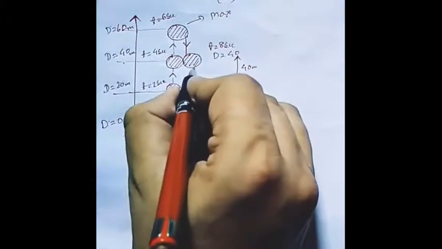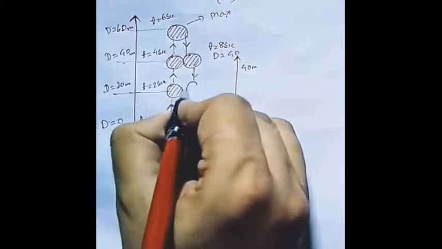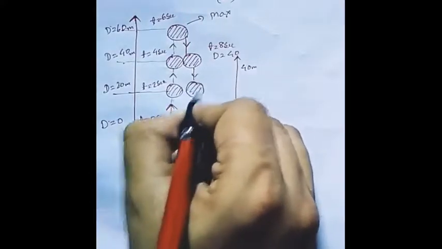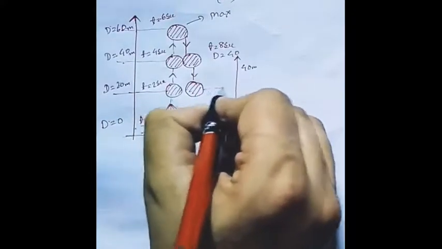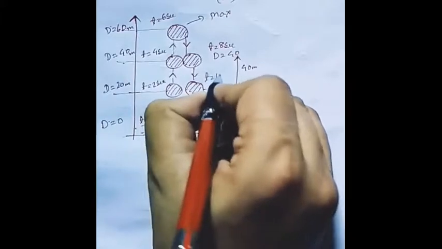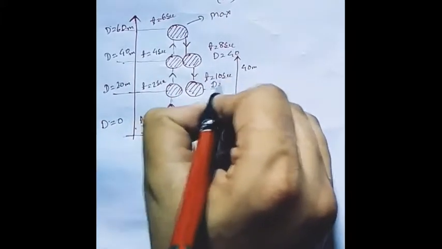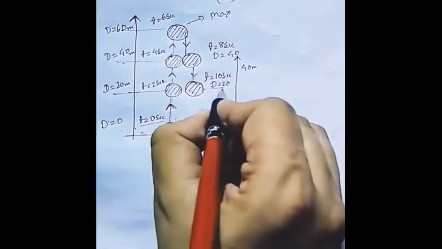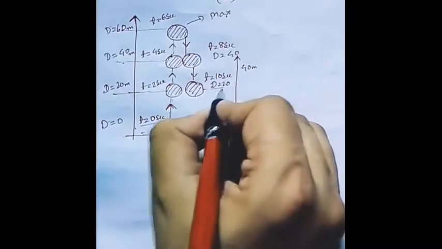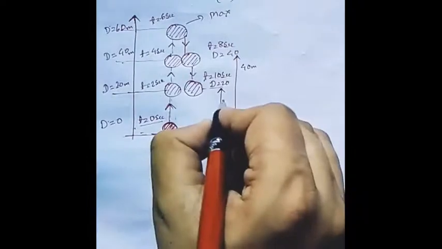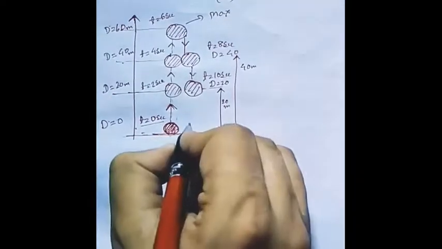And after 10 seconds, the height of the ball is 20 meters. So the displacement is 20 meters, this is the height.